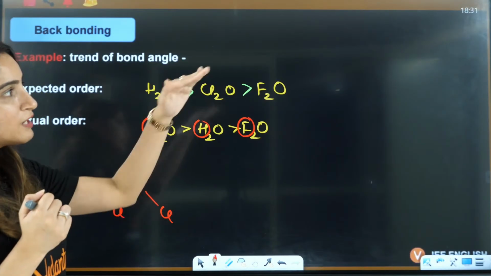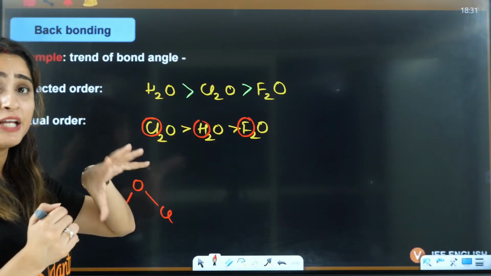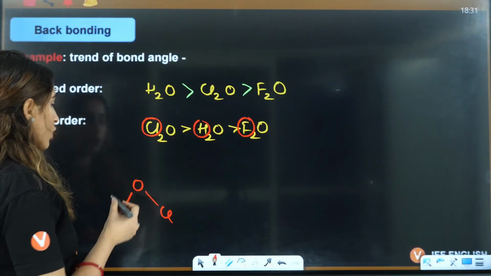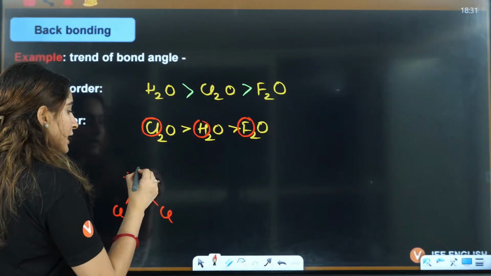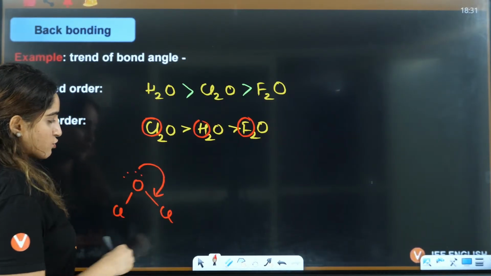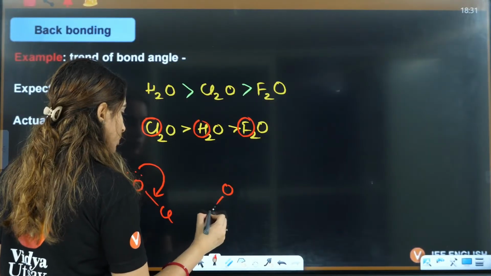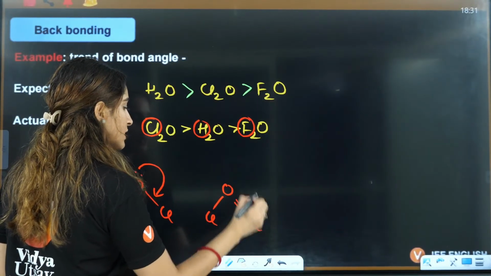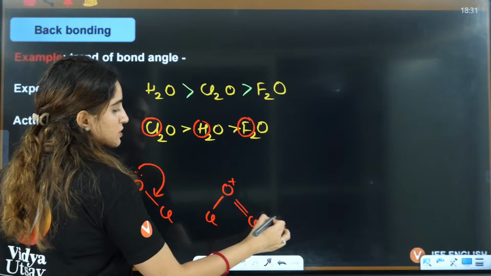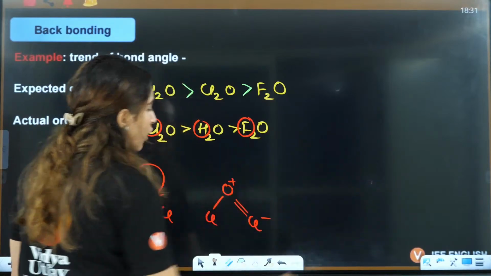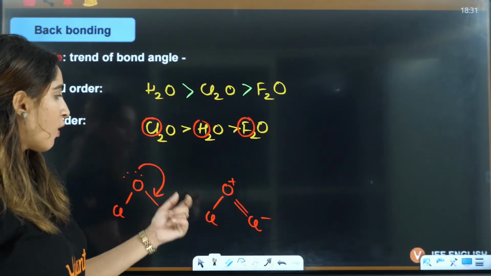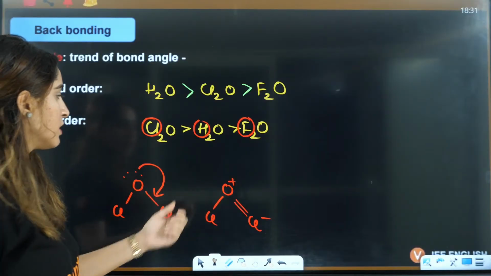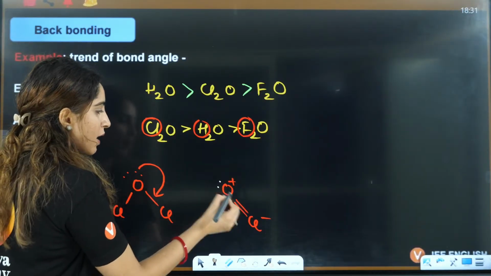Chlorine, because it is chlorine and fluorine, before chlorine you will have d orbitals. Because of those vacant orbitals, what is going to happen? It is going to donate the electrons here, and this will become O, this is Cl, this is a double bond to Cl, this is positive, this is negative. Now because of that, what kind of hybridization will it have? Here you will have one lone pair as well, 1, 2, 3.